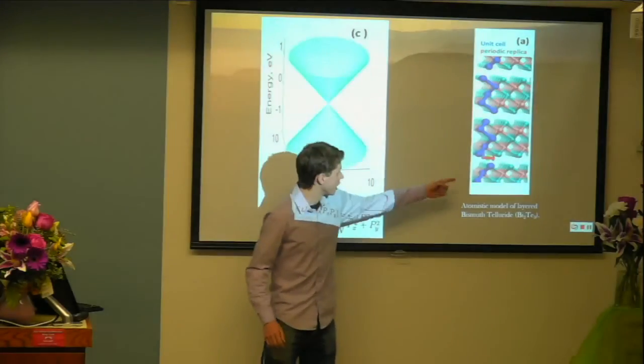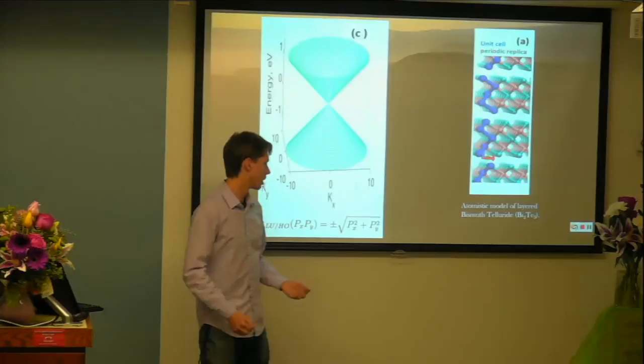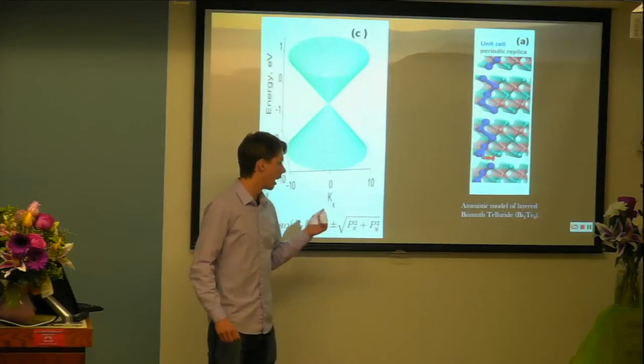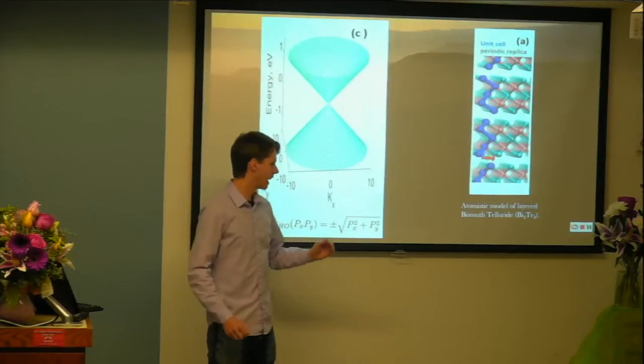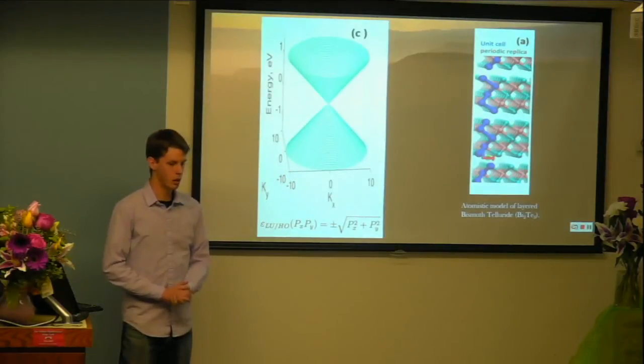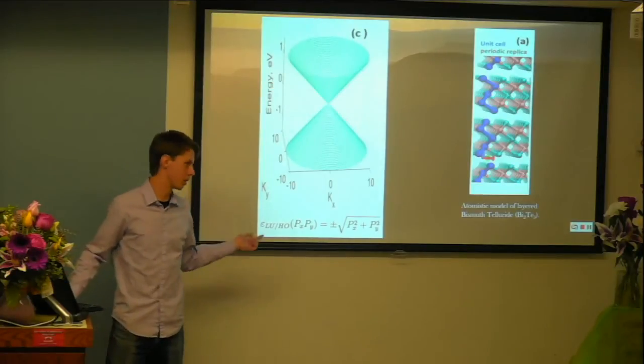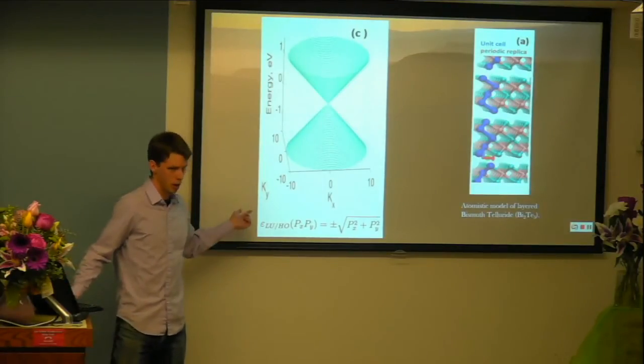And then this over here is a material that this could be researched upon. This is the model of layered bismuth telluride, and it's just one of the lattices of that. This is something that the experimentation could be done upon.